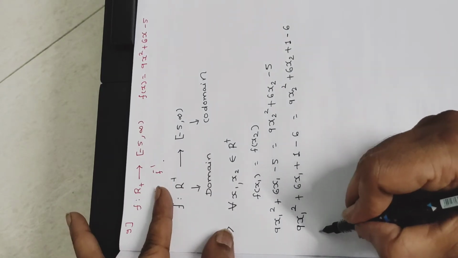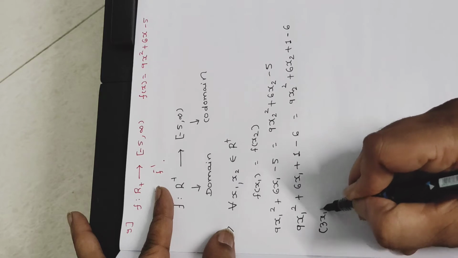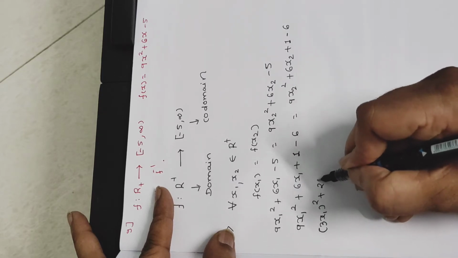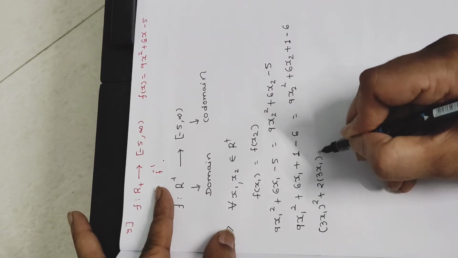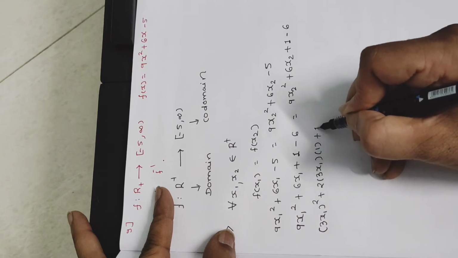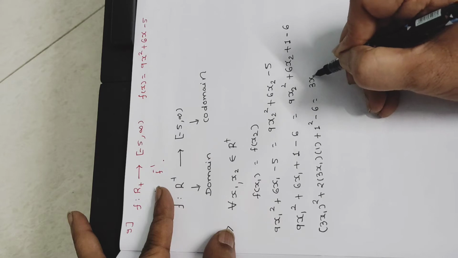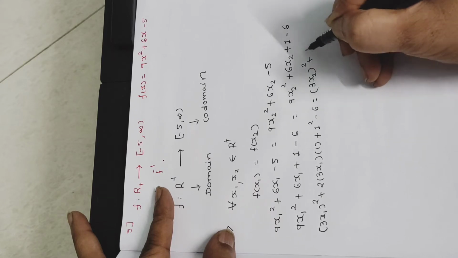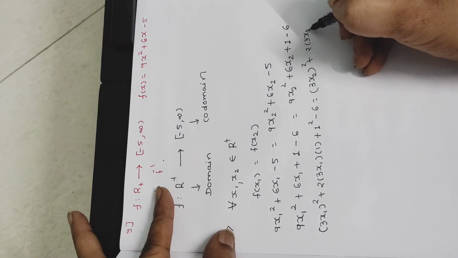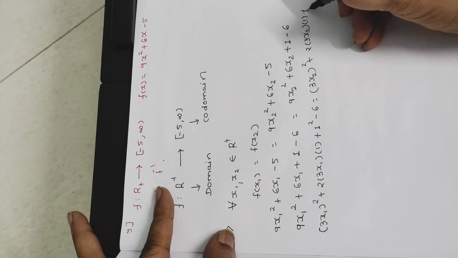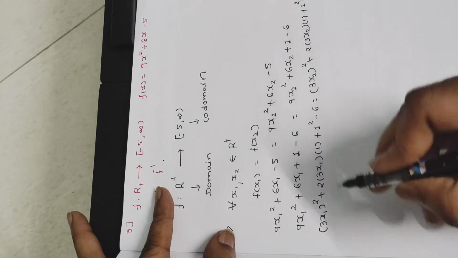Here I can write like this, that 3x1 whole square plus 2 into 3x1 into 1 plus 1 square minus 6 is equal to 3x2 whole square plus 2 into 3x2 into 1 plus 1 square minus 6.